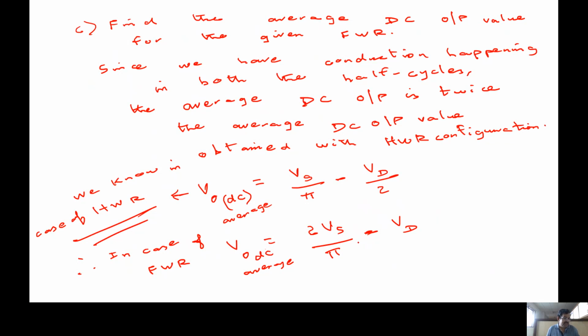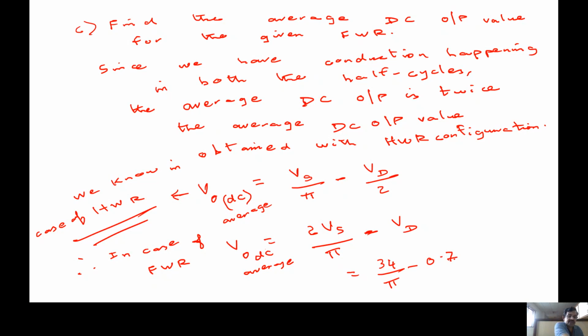Okay, so this is the stuff. So how much is this value coming? Let us see. So 2 into 17, I will keep as Vs is 17. We have to take the peak value. So that is 34 by pi minus 0.7.